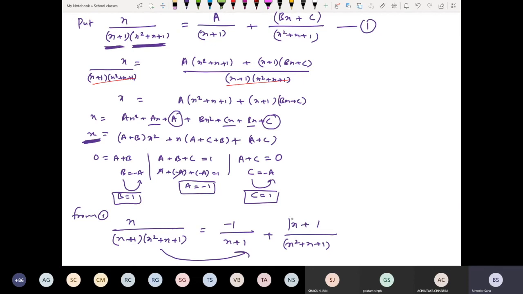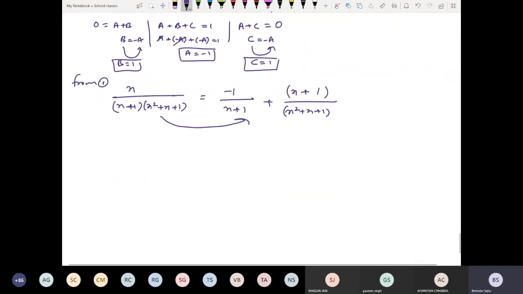Okay. Now we can integrate both sides. See, integrating this, that means integrating this individually and this individually. And you all can say this is easily integrable. And what about the second one?